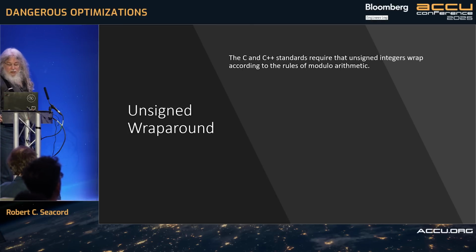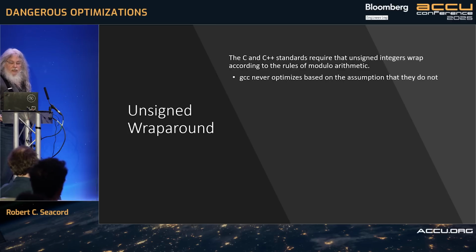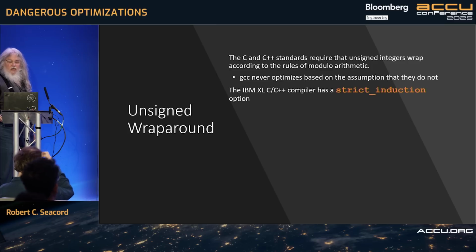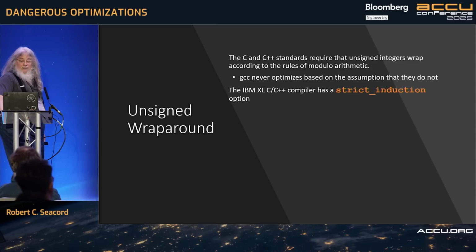The C and C++ standards require that unsigned integers wrap according to the rules of modulo arithmetic. The GCC folks tell me that they will never optimize based on the assumption that they do not. The IBM XL compiler does these optimizations, for both C and C++, and assumes that unsigned integers don't wrap around.